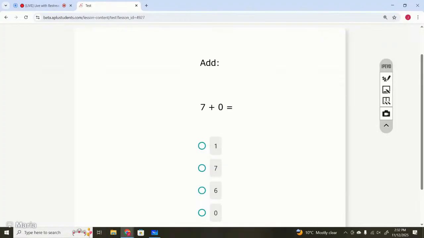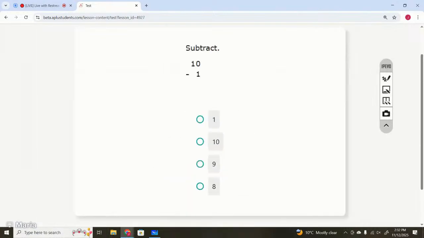Add 7 plus 0, which is the correct option? So adding and subtracting 0 means the number stays the same. So 7 plus 0 is 7. The correct option is 7.